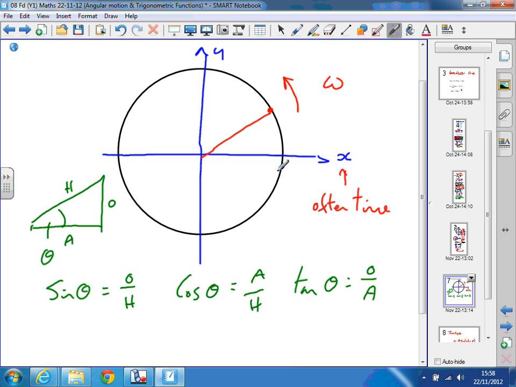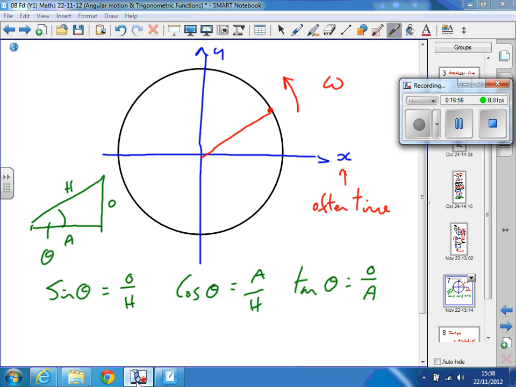Pi over 2, remember, is here. So what would the cosine of pi over 2 be? 0. Try it. Okay. Sine of pi over 2. So sine of pi over 2 is 1.